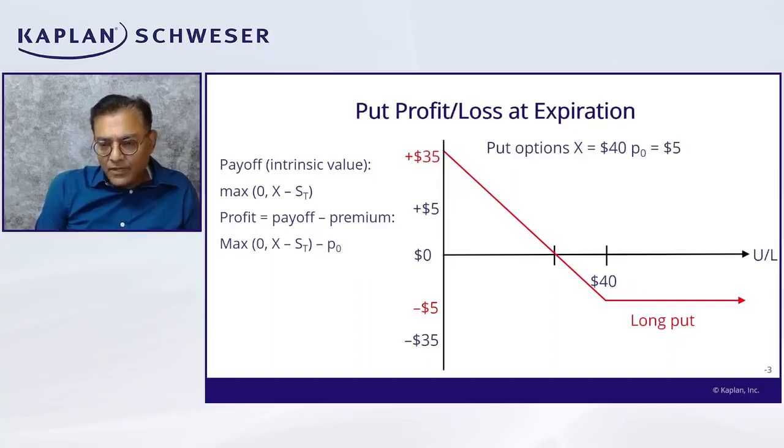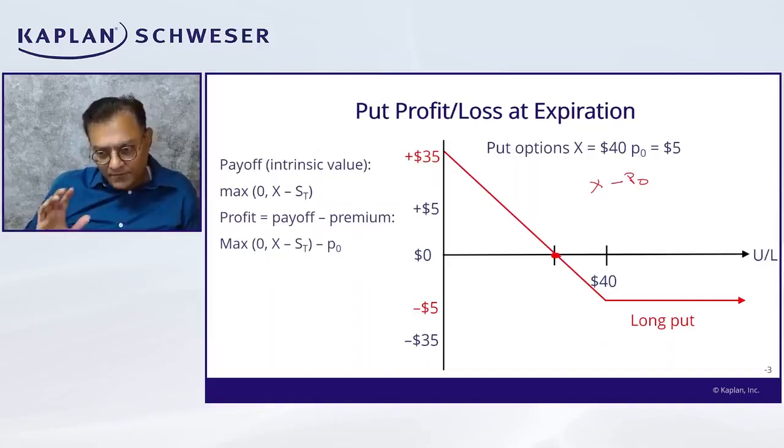But because they pay the option premium upfront, in this case $5, they don't make money until the drop is more than that option premium. In other words, the break even will occur at X minus the premium that you paid, the put option premium. Again, in this case, $40 minus 5 gives you $35 as the break-even point.